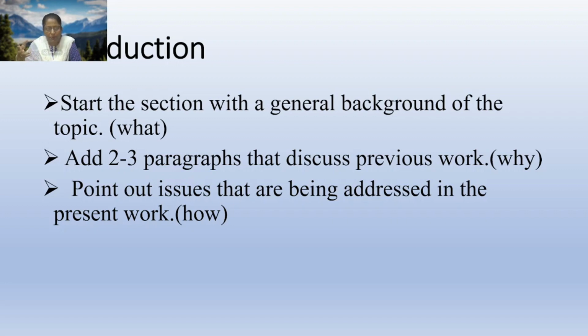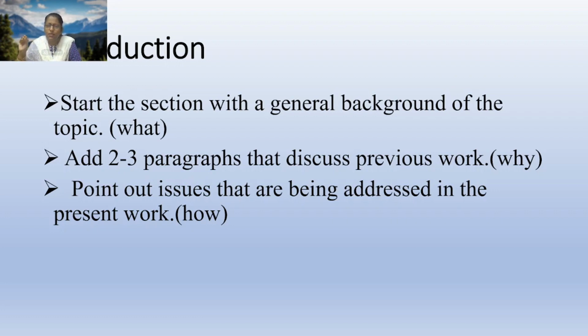Next, add 2-3 paragraphs that discuss the previous work. Explain why you have selected this particular topic, and express the main objectives. Some brief introduction should be given in these 2 or 3 paragraphs, explaining why the researcher has selected this particular topic. That should be expressed in the introduction part.